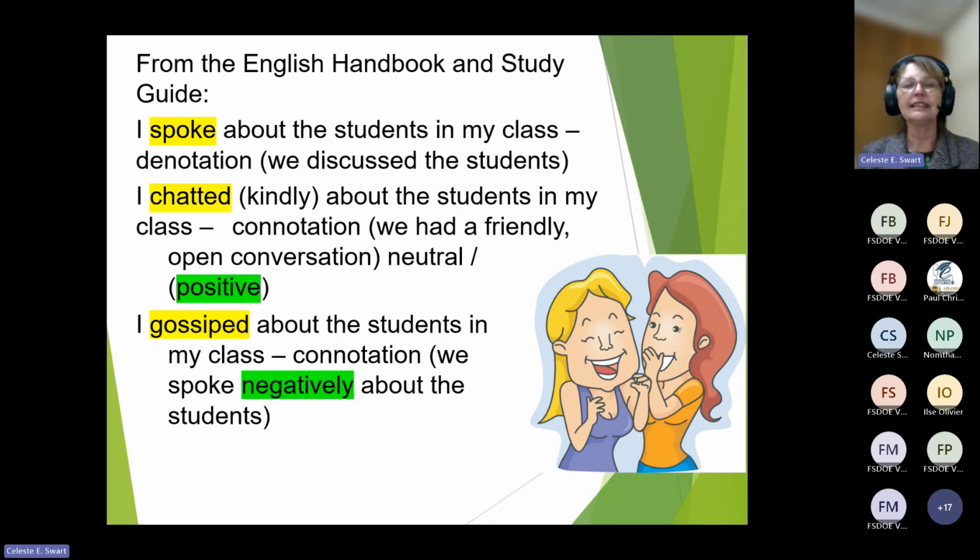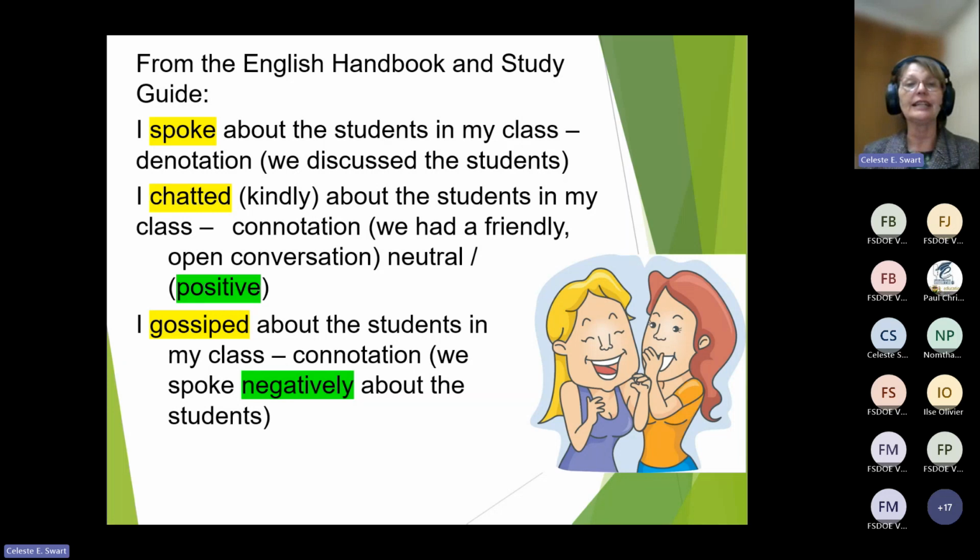This one, I chatted, and I put in brackets, kindly. I chatted about the students in my class, and the connotation here is that there was a friendly, open conversation, a neutral conversation. There's nothing funny about it. There's nothing implied by it, nothing nasty, nothing necessarily making it positive or negative.